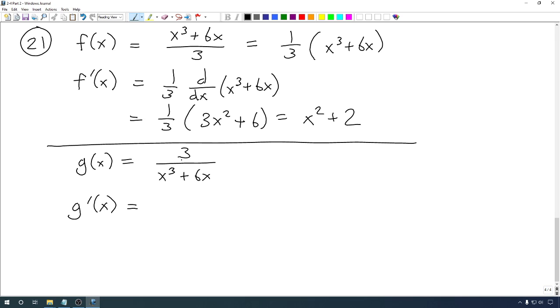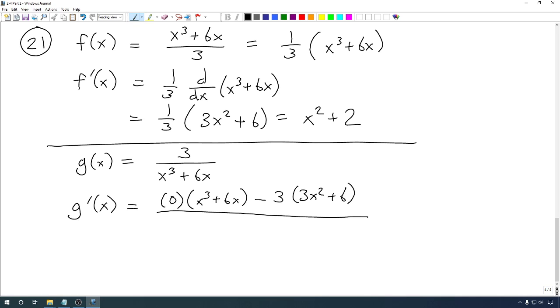So I'm going to take the derivative of the top, that's a 0, times what we have on the bottom, minus the top, which is just the 3 that we already have there, times the derivative of the bottom. Derivative of the bottom, well, actually, we already saw what that was. It's 3x squared plus 6. And of course, on the bottom, we have the original bottom, the x cubed plus 6x, but now it's squared.